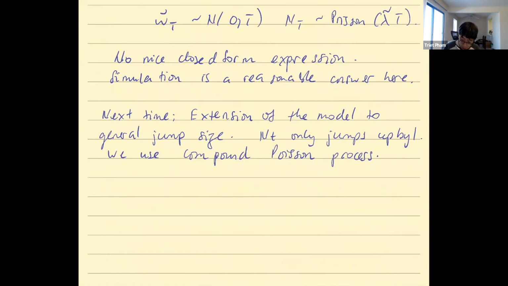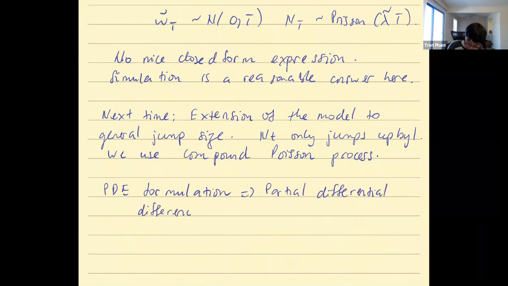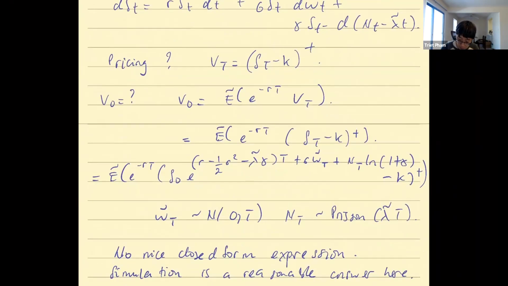And then the next thing I want to mention is the approach of the PDE. Except that here there's no PDE, but it's something called a partial differential difference equation. The reason is when you look at your stock, you have two components.